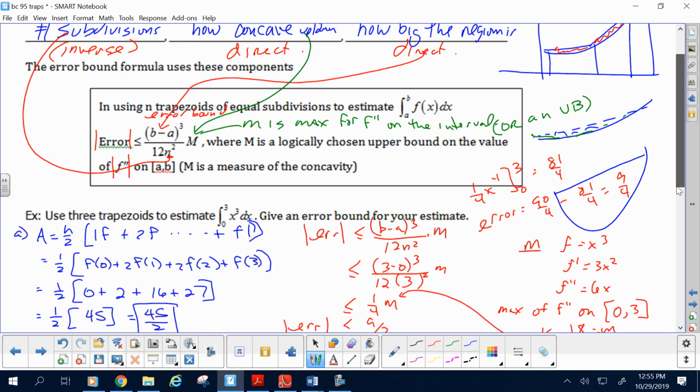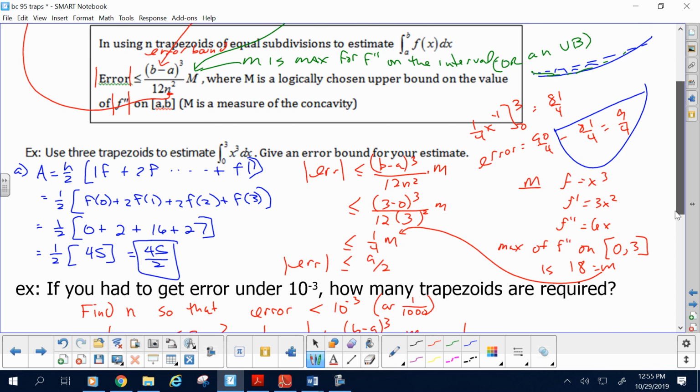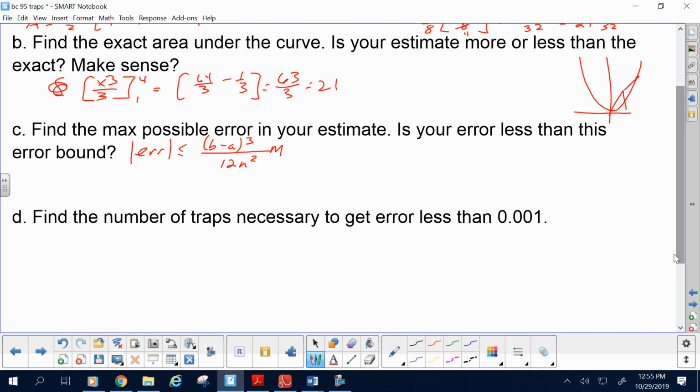That should be on the second derivative's absolute value. Oh, that is an error.